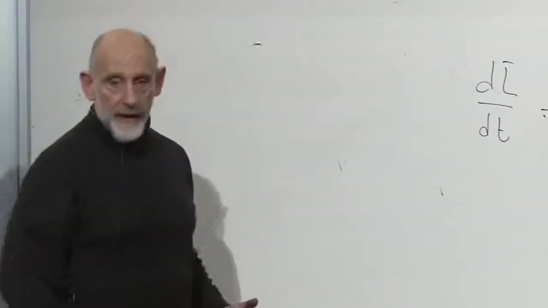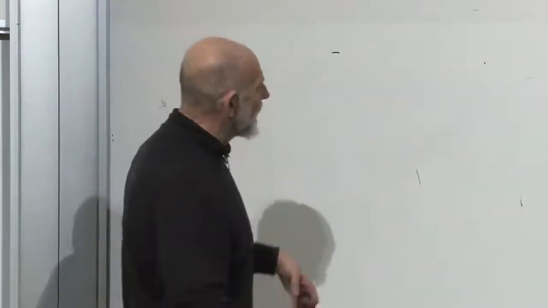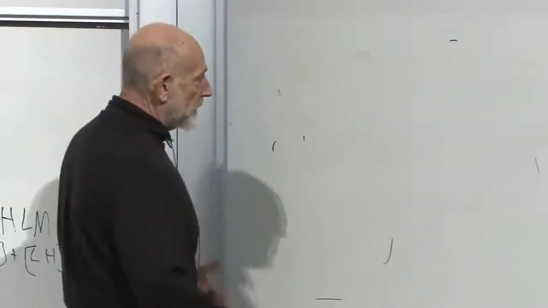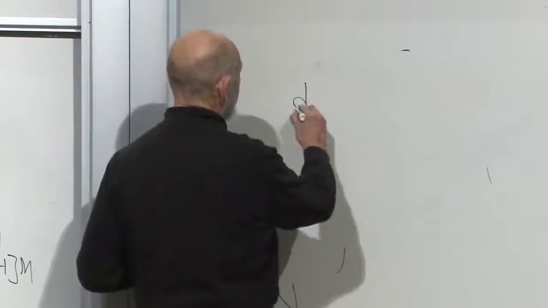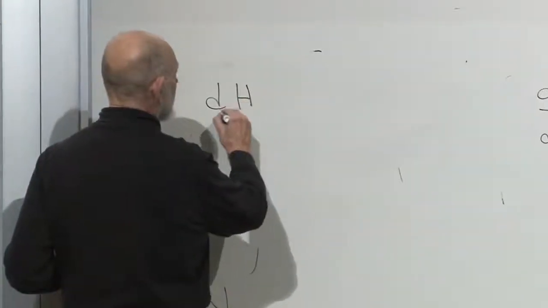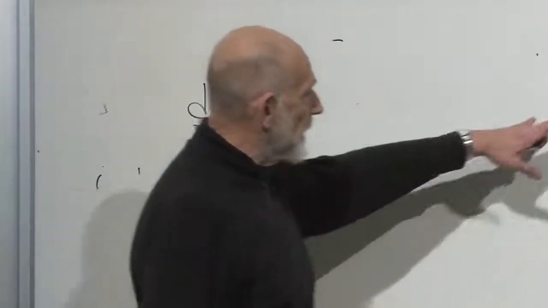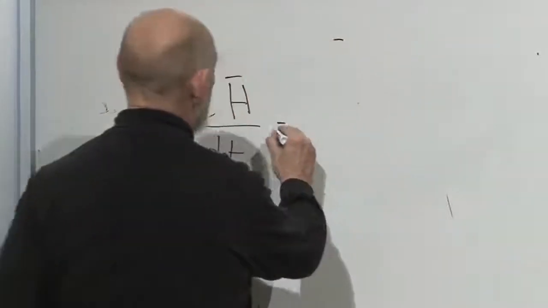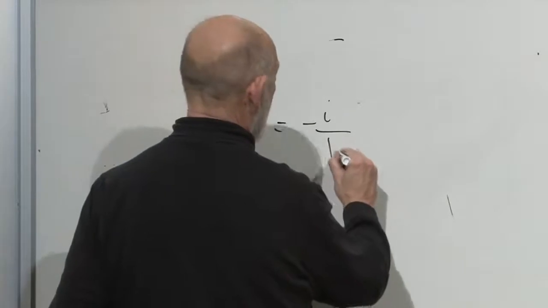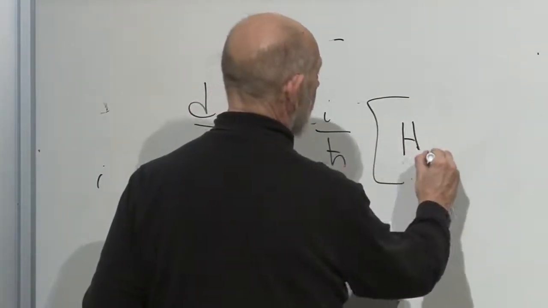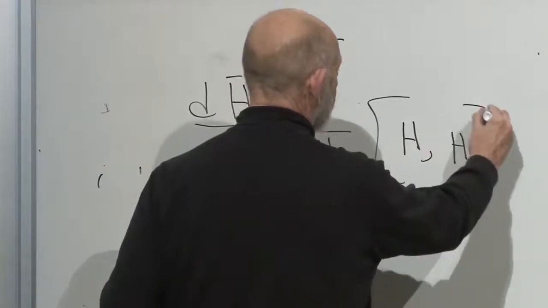The energy, I claim, is the Hamiltonian, or its definition, if you like. What is energy? It's the Hamiltonian. So let's check whether energy is conserved if energy is the Hamiltonian. This equation would read, the time derivative of the average of the Hamiltonian is equal to minus i over h bar times the commutator of the Hamiltonian with itself.